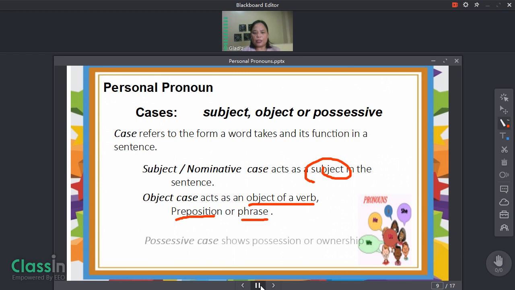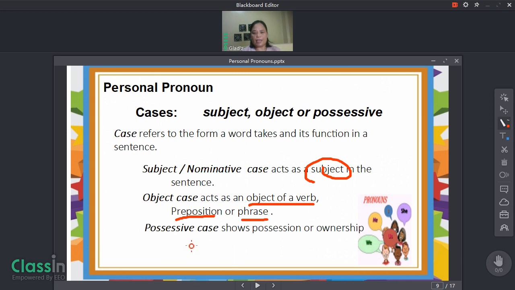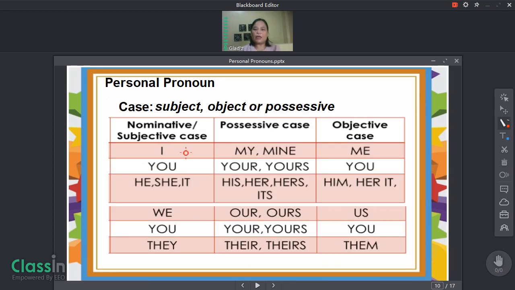And then the third one is the possessive case. The possessive case is the easiest case of pronouns because it just shows us possession or ownership. So let's have those pronouns under their cases.